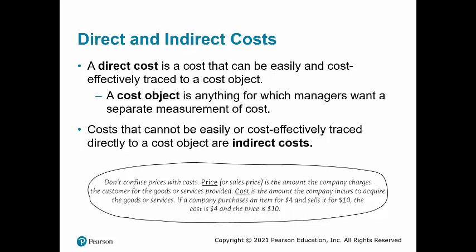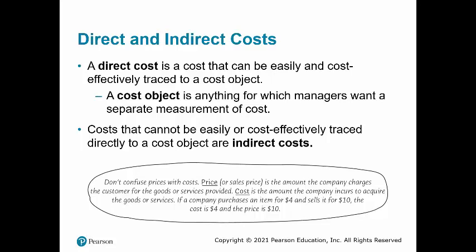A cost object could be a product, but it could also be a department or a sales territory or even an activity within the business. It's just anything that management wants to capture a separate measurement of cost for. Any cost that we can't effectively or easily trace to a cost object, we call indirect cost.